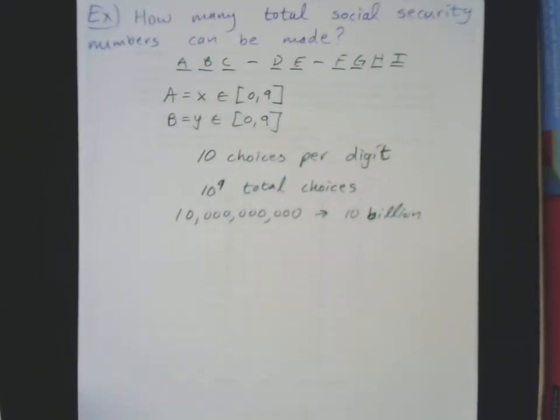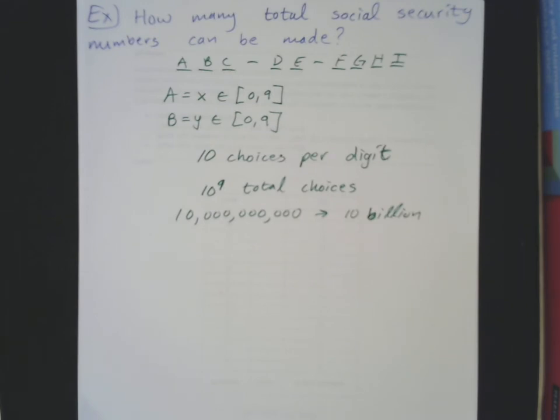So there are 10 billion total different Social Security numbers that can be made, which means at some point, the U.S. government will run out of Social Security numbers. Now, this is actually closer than you think because we don't reuse Social Security numbers. We have however many billion people live in the U.S. right now or have ever lived in the U.S. that have been citizens and gotten a Social Security number. So this number will eventually get hit, and as populations increase, it will get hit sooner than you would think. But it does mean it's finite.